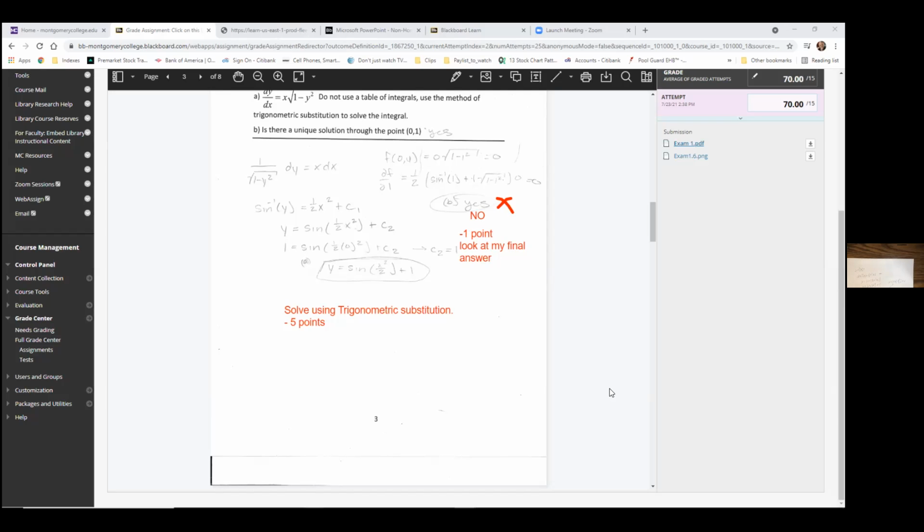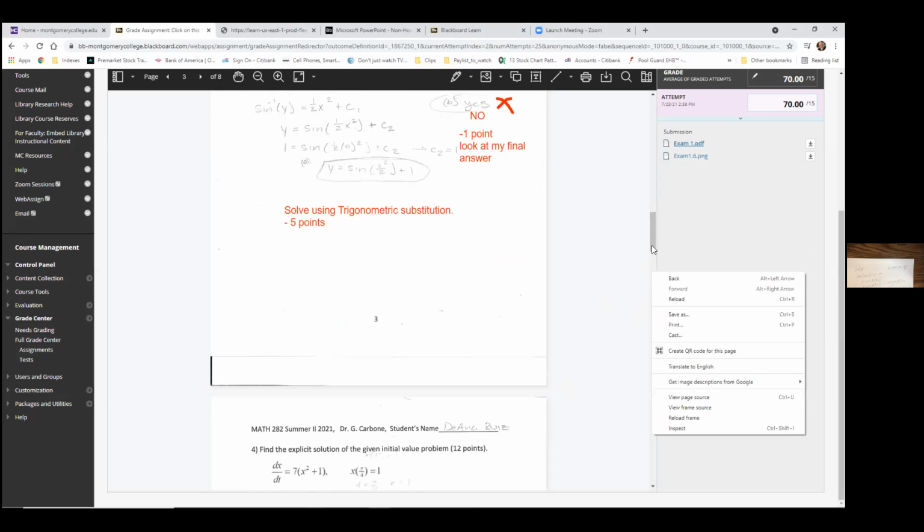Now, in the other problem, the correct answer is x is equal to the tangent of 7t minus 6 pi over 4.